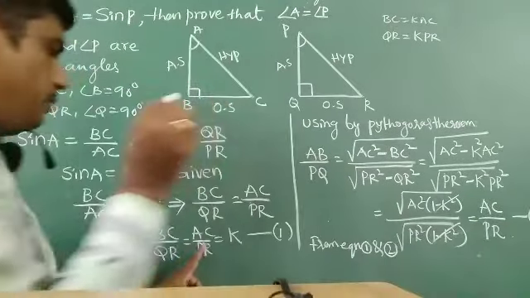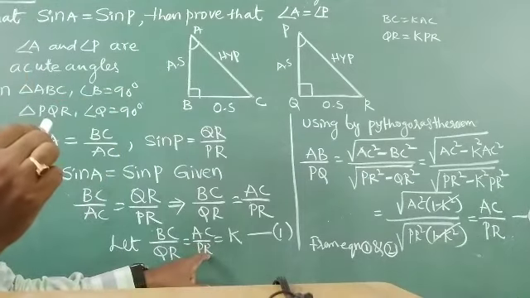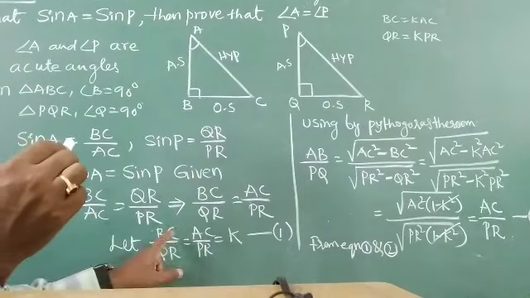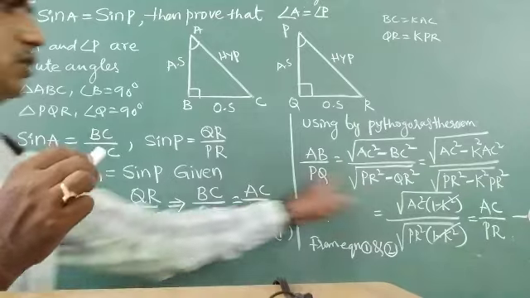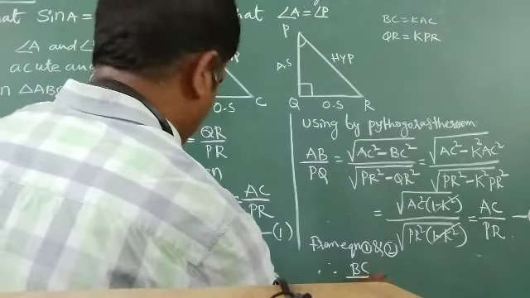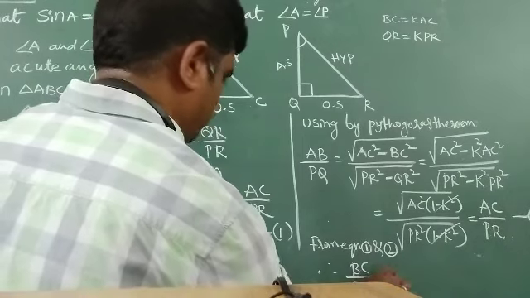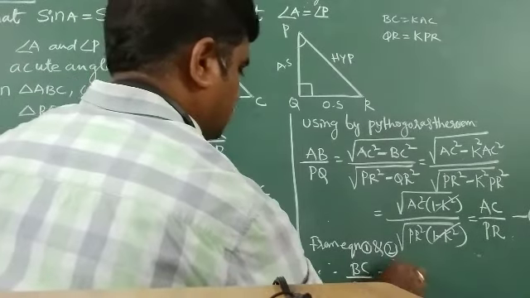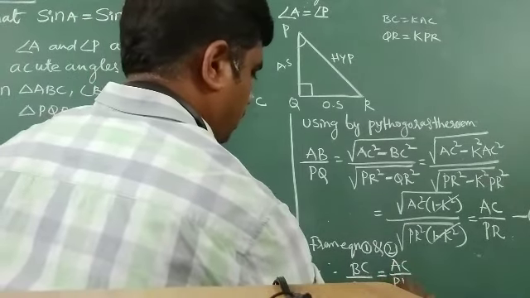In this AC by PR is there, in this also AC by PR is there. So that's why these two ratios are equal. Therefore BC by QR equals AC by PR.